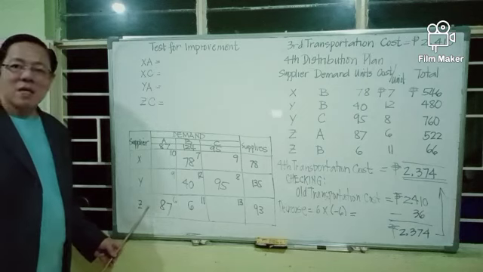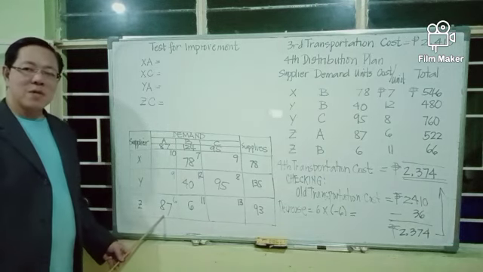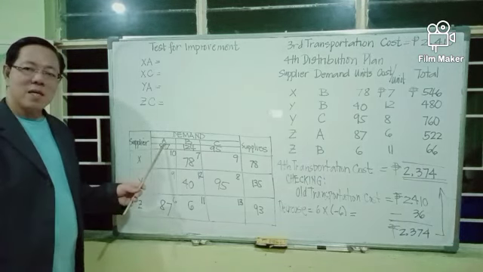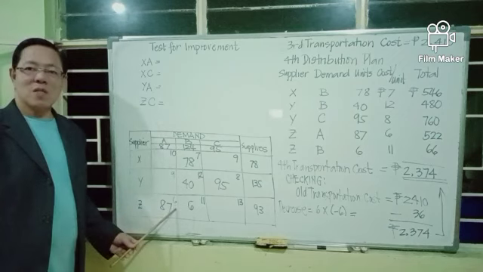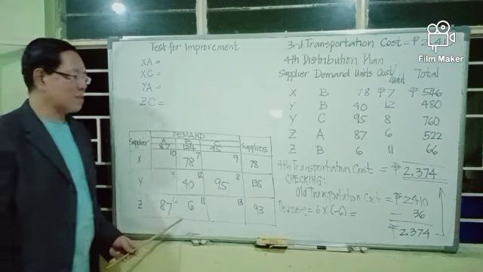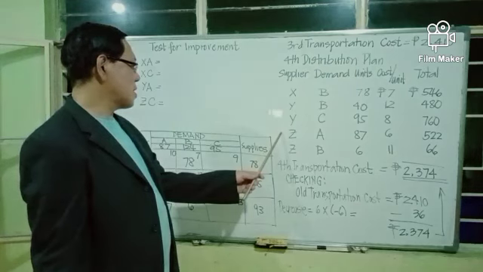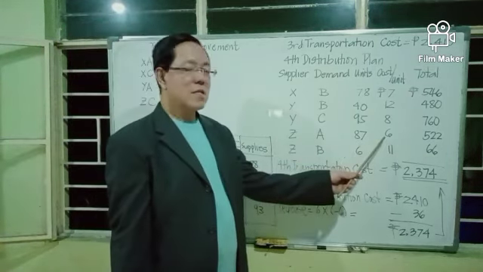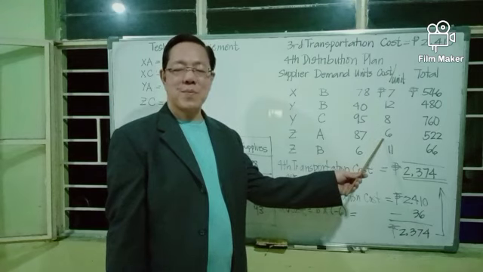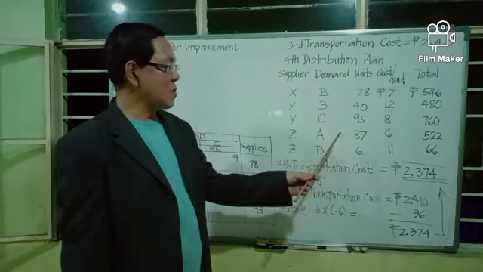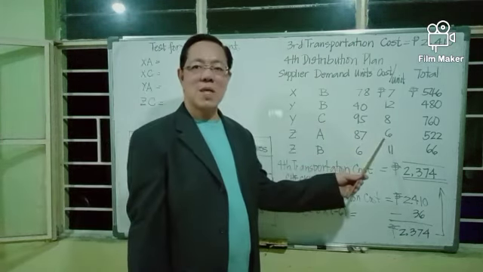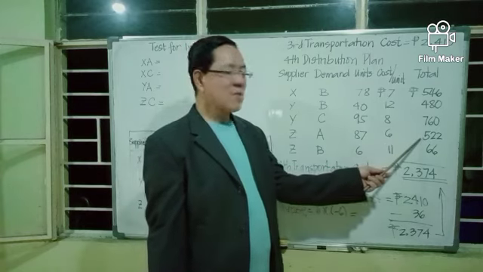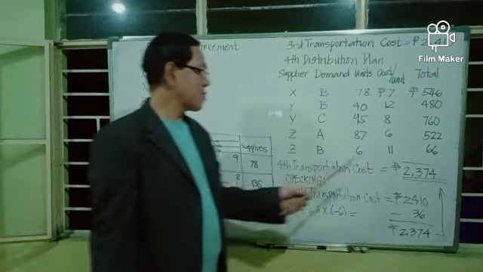And from supplier C, we supply 87 units to customer A at 6 pesos per unit. The total transportation cost is 87 multiplied by 6 equals 522.